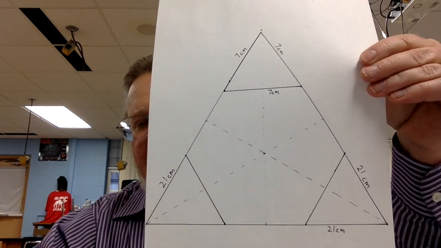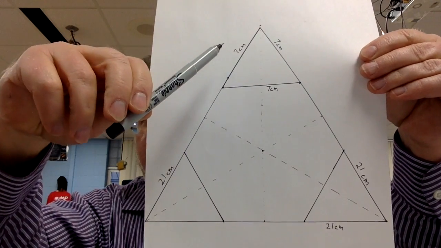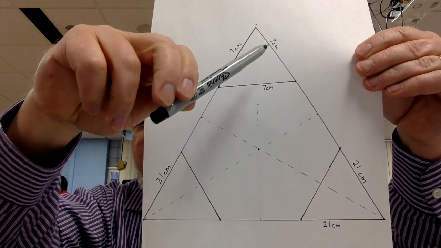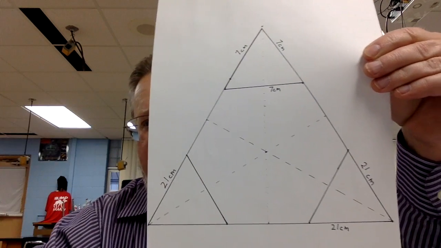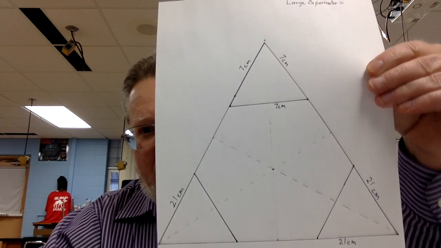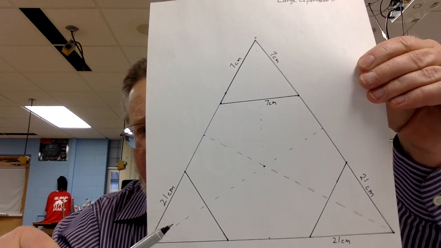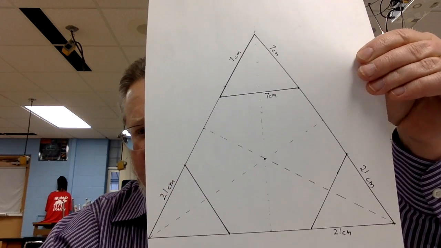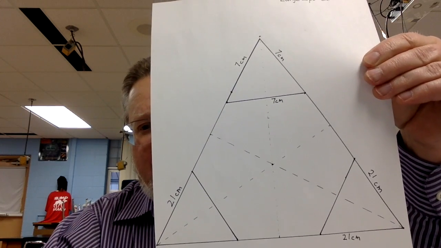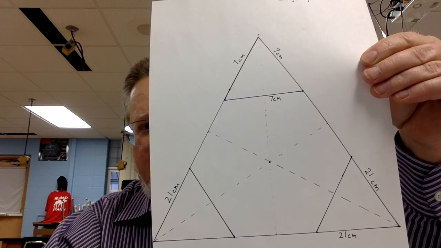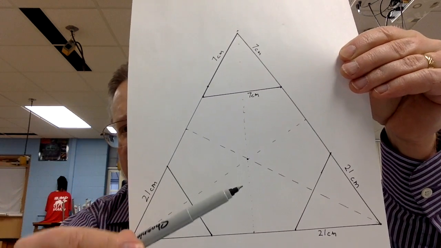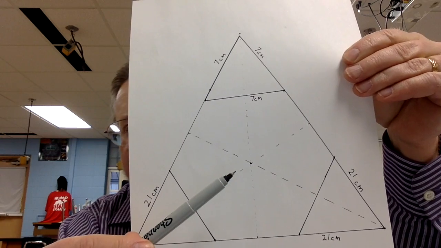I have now labeled the length of the sides of this small triangle at the peak, and you should do that as well. And you can see I've now drawn the other two corner triangles, each with sides of 7 centimeters. The next direction will involve this center point again.